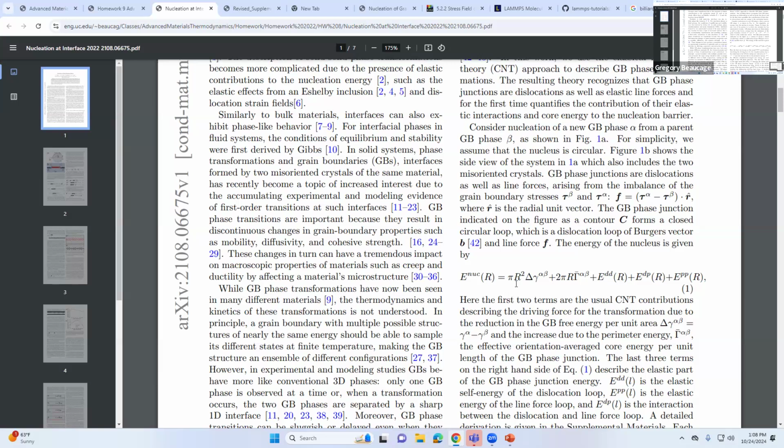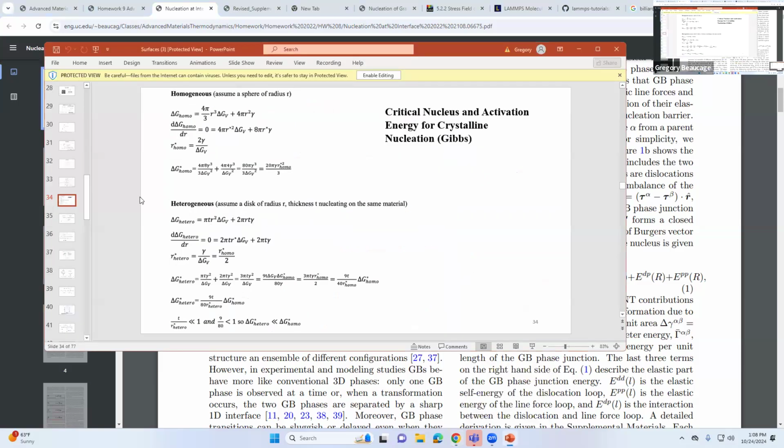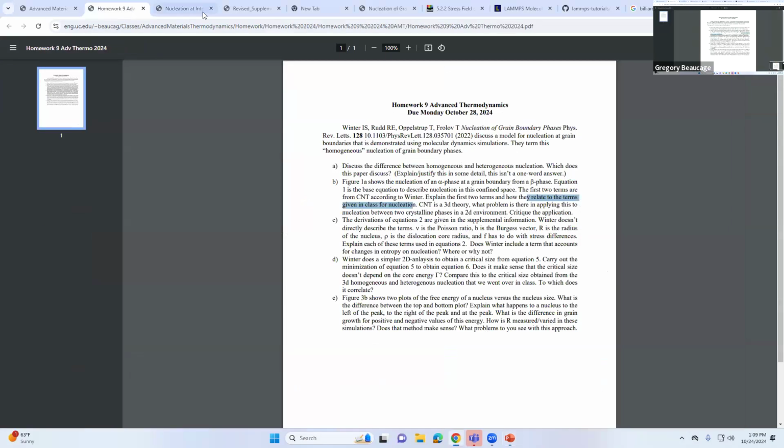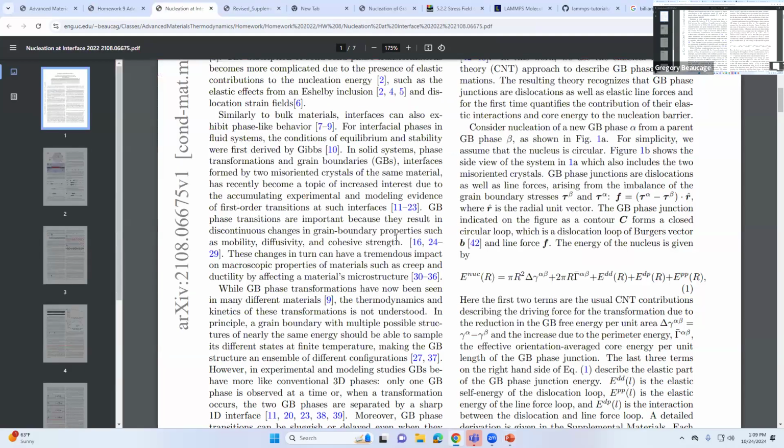Right. So notice when you go back, for heterogeneous, we have R squared and R. So it's kind of like that. But this is a bulk free energy, and that's a surface free energy because it's got T in it also. Whereas in his thing, he doesn't have this gamma, he calls it a bulk energy, but it's per unit area.